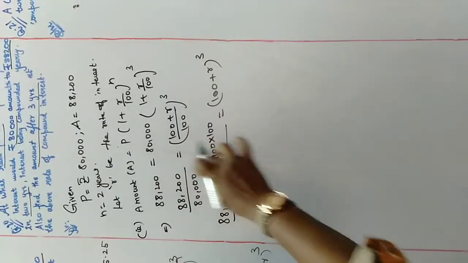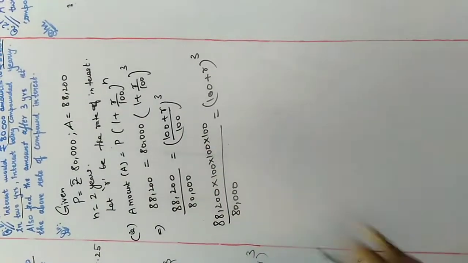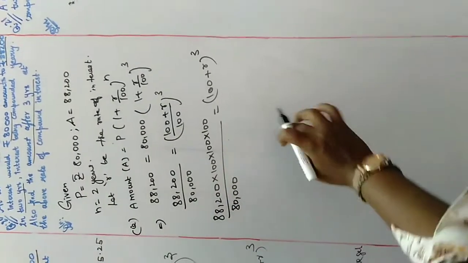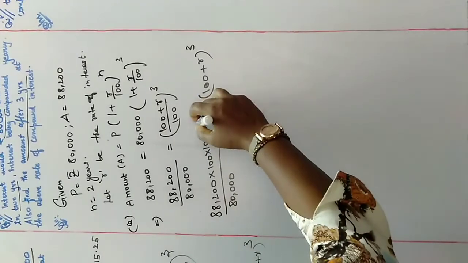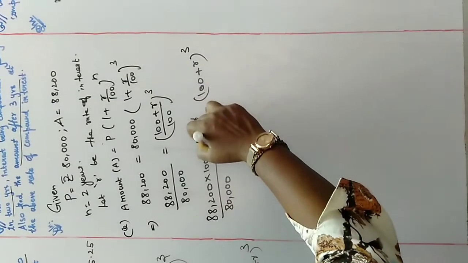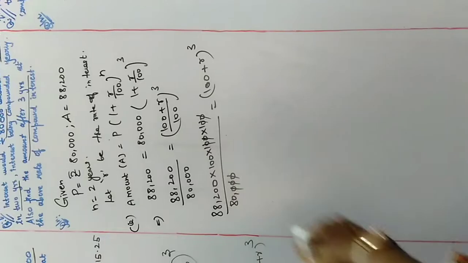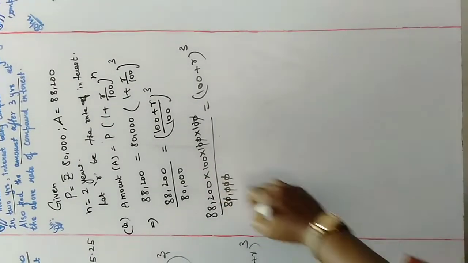This 100 cube comes to this side to the numerator, split into 3 equal parts, right? 3 parts, 300 into 100 into 100. Do all the cancellations. So 4 zeros we want to strike off: 1, 2, 3, 4 zeros.